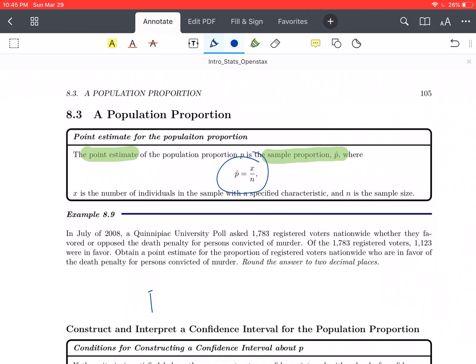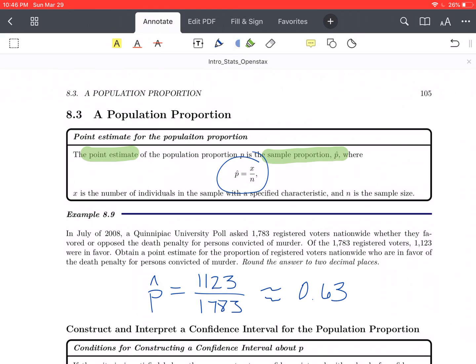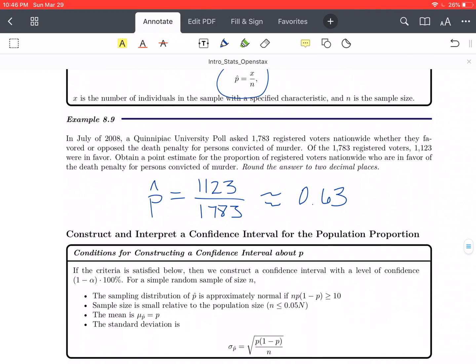So our point estimate, that's p hat, is going to be 1,123 in favor out of total 1,783 voters that were interviewed, which is approximately 0.63 when rounded to 2 decimal places like they wanted. Okay. So hold on to this because we will be coming back to it in a little bit.